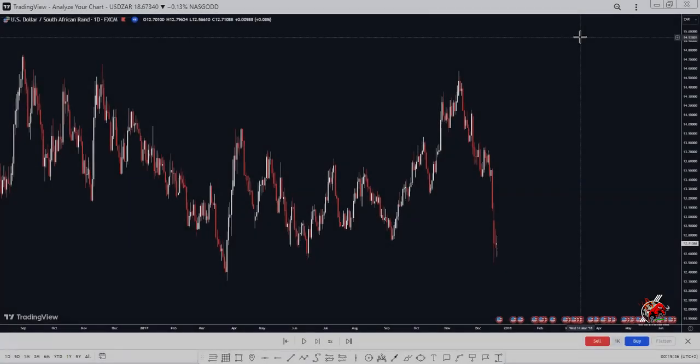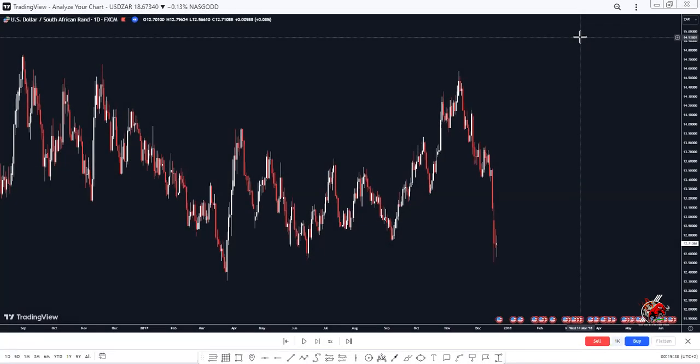All right, so this is how change of character works. Before I proceed on showing you how change of character works, I want you to first understand that this structure right here is still in a downtrend. Remember, I told you guys in lesson 1 that you must focus on swing points, not substructure.